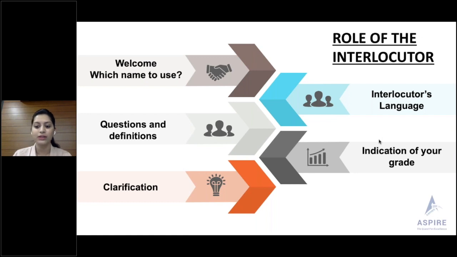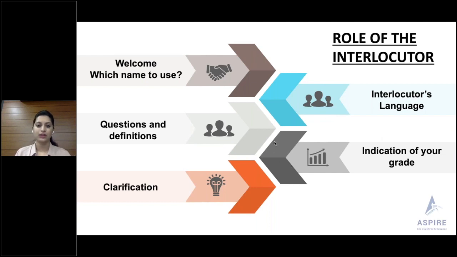In case you're not able to follow the interlocutor or they're too fast for you, you can always clarify. You can ask them a question. You can confirm if that's what they've said. And vice versa, if the interlocutor does not understand something you have told them about their treatment, they will ask you for clarification, just like they would in a real hospital scenario.